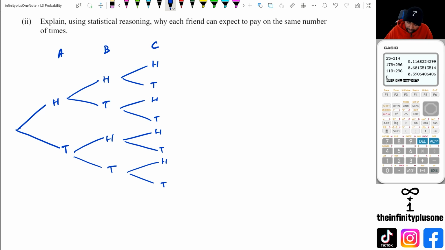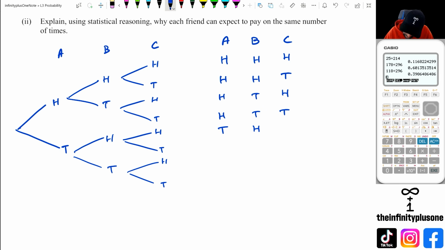So we're going to have all of these options. So person ABC, so we've got heads, heads, heads; heads, heads, tails; heads, tails, heads; heads, tails, tails; tails, heads, heads; tails, heads, tails. All right. So those are our 8 options there.